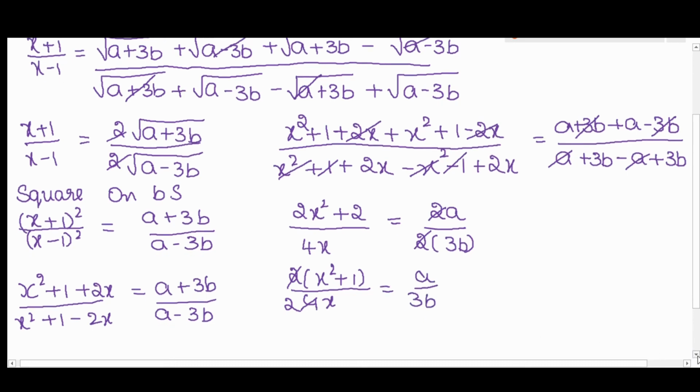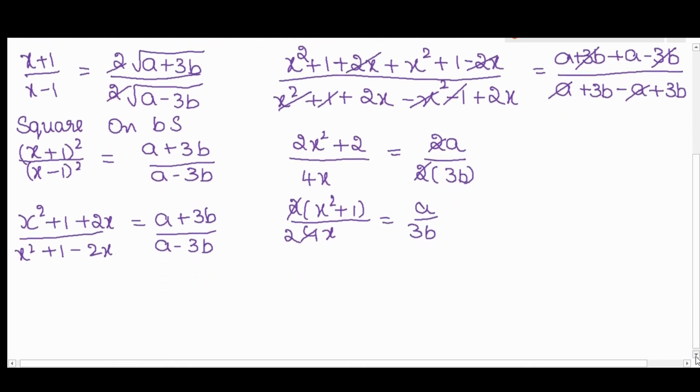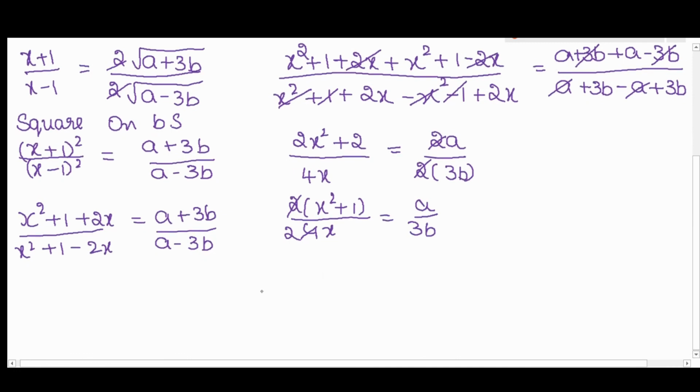Now let's cross multiply the terms. If I cross multiply this, I get 3b into x square plus 1 is equal to 2ax. Let me multiply this. 3bx square plus 3b is equal to 2ax.